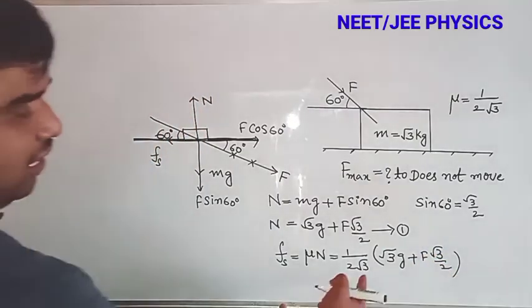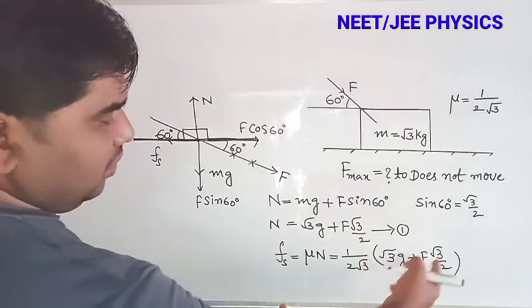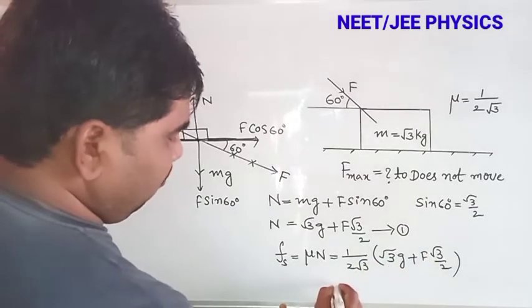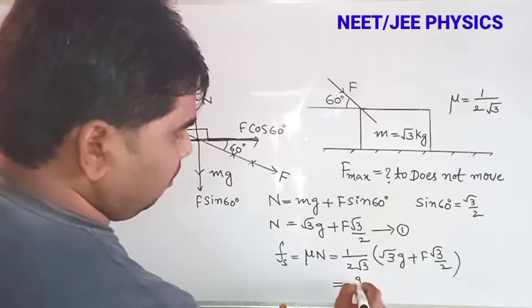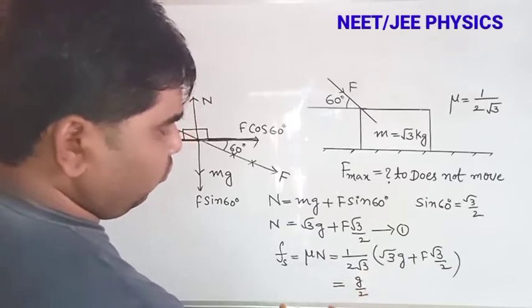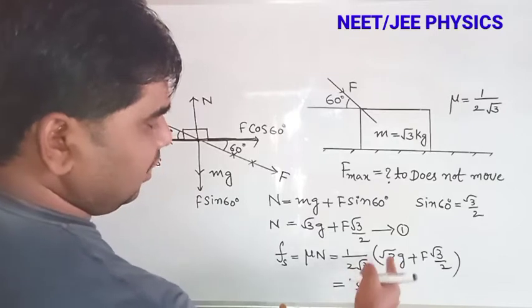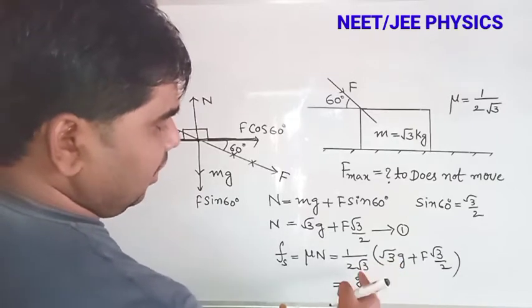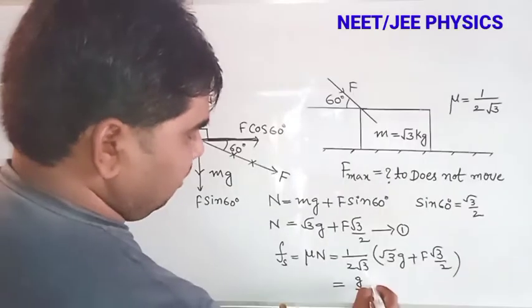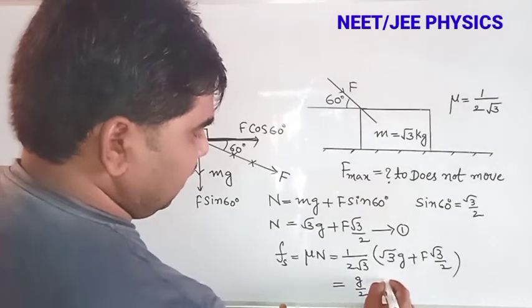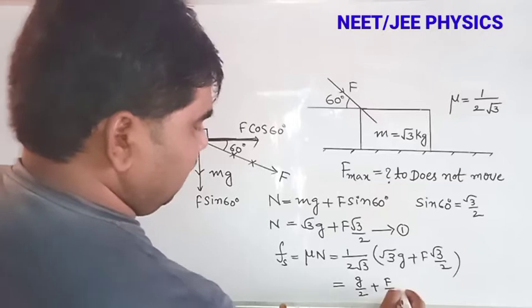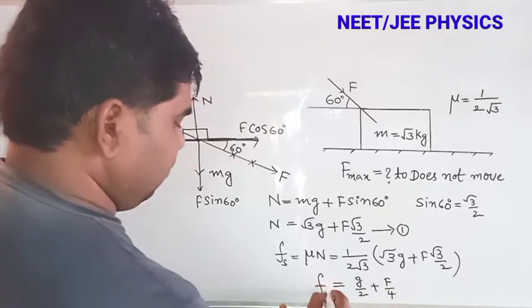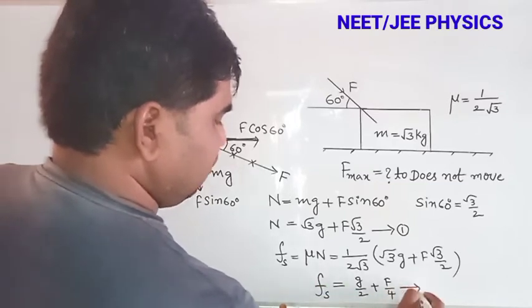By simplifying, root 3 gets cancelled, and again root 3 gets cancelled. We get g upon 2 plus F upon 4. Let us take this as Fs, equation 2.